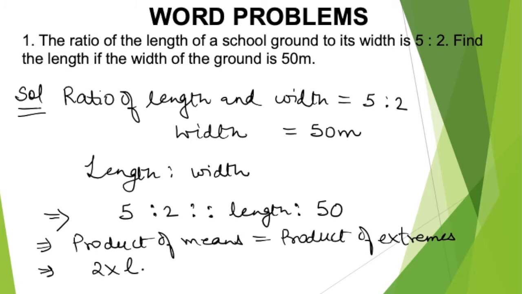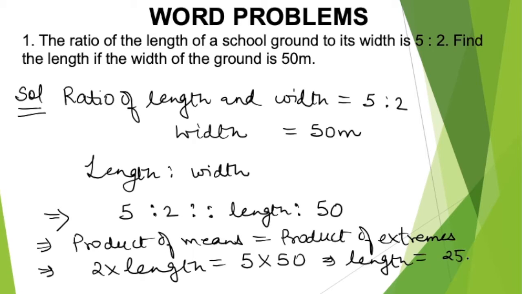When we talk about product of means, that means 2 multiplied by length will be equal to 5 multiplied by 50. So when we solve this, we get the answer length is equal to 250 divided by 2, which gives us the answer as 125 meters.